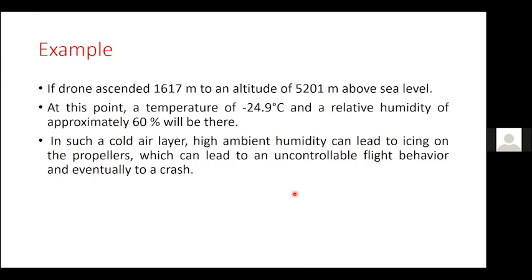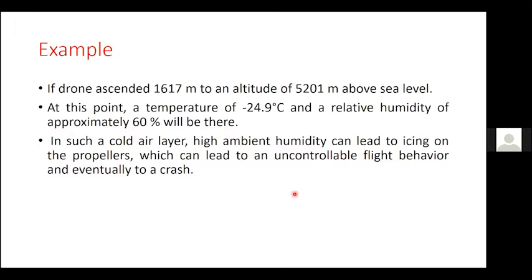One example I'm giving here, so you can understand why it's a challenging task to fly drones in high altitude regions. If you are at 5,201 meters above sea level and you want to go to 1617 meters of altitude, what things are going to happen? Whenever you give the commands, things will be very complicated.